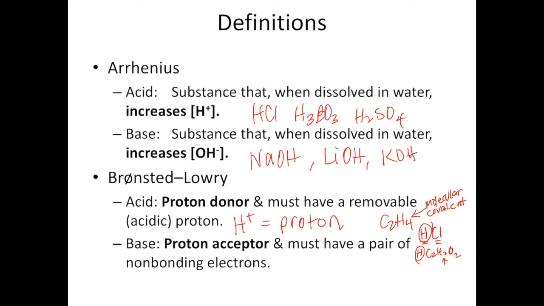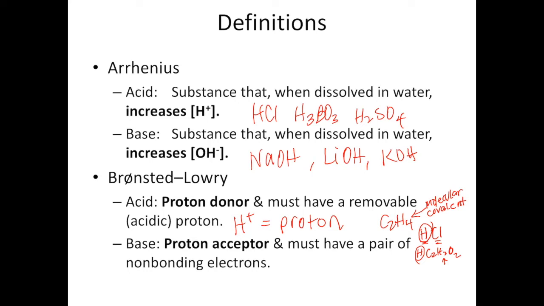A base is a proton acceptor. So it has to have a place where it can accept that H plus. So an acid and a base are basically, no pun intended, going to throw a baseball, which is your proton, back and forth. Your acid is your pitcher and your base is your catcher.